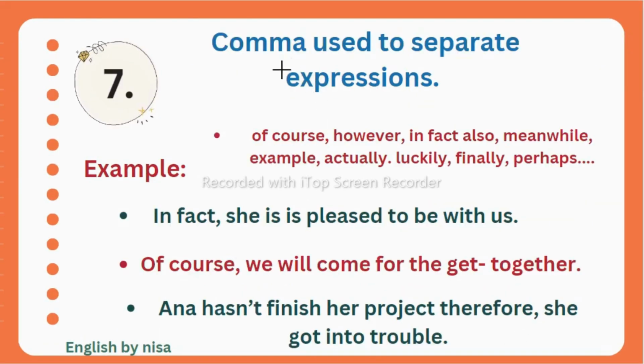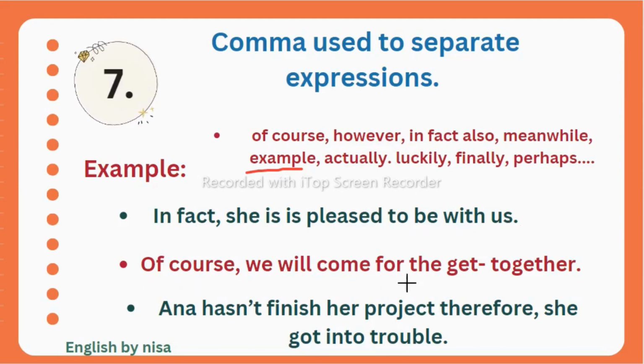Now let's see the next rule, which is 7. We use a comma to separate expressions. For example, you can see expressions like of course, however, meanwhile, in fact, luckily, finally, and perhaps. To separate this expression from our speech, we have to use a comma here. For example, you can see, in fact, comma, she is pleased to be with us.